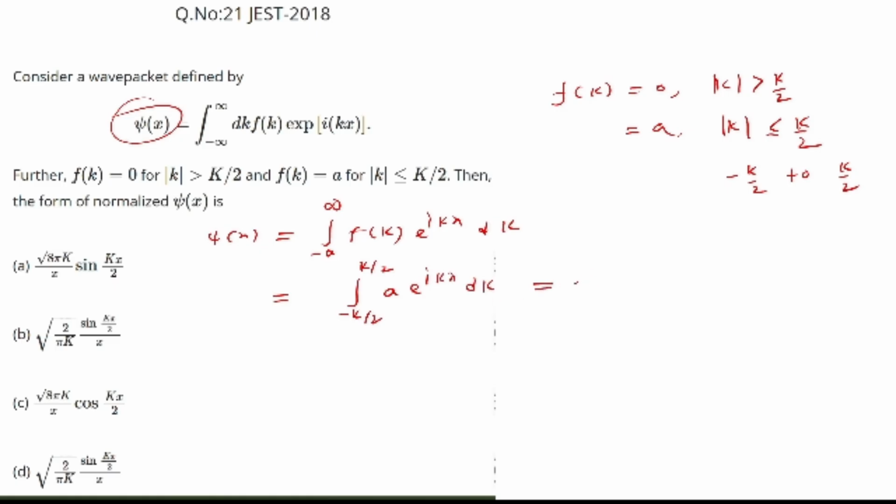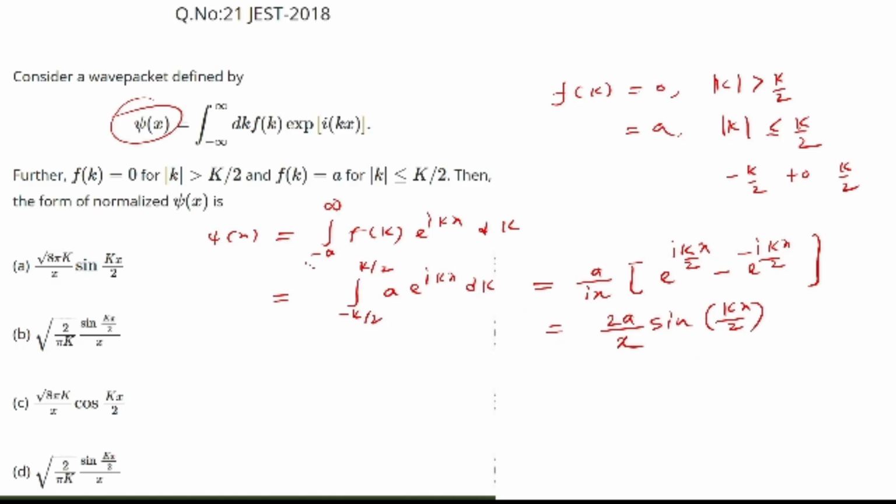Just integrate it and substitute the values, it gives a divided by iota x, then e to the power iota kx by 2 minus e to the power minus iota kx by 2. Now if we divide by twice iota, it gives sine of kx by 2. So this is the wave function we ultimately get.